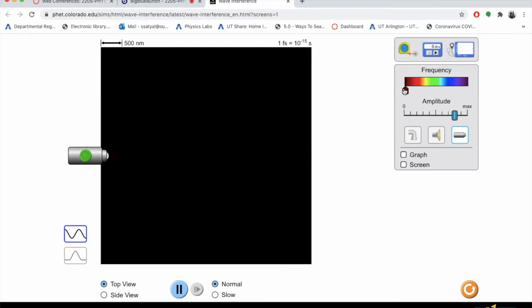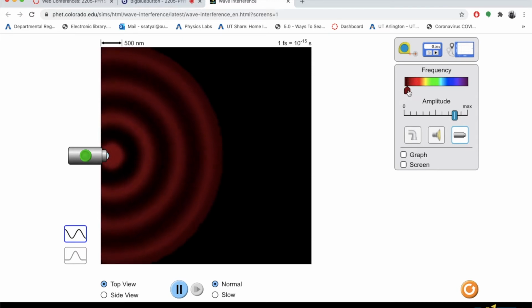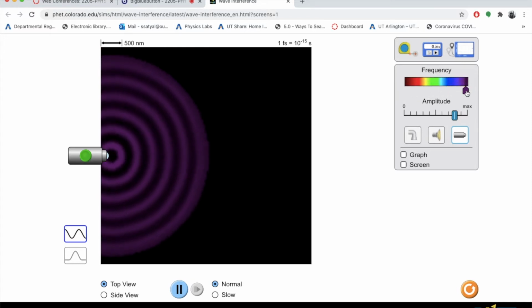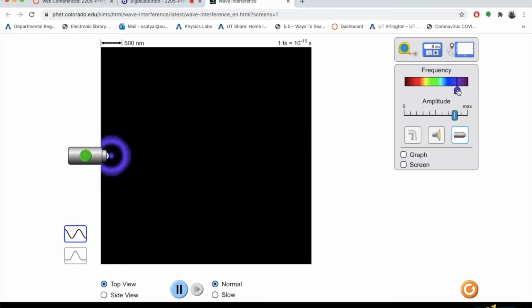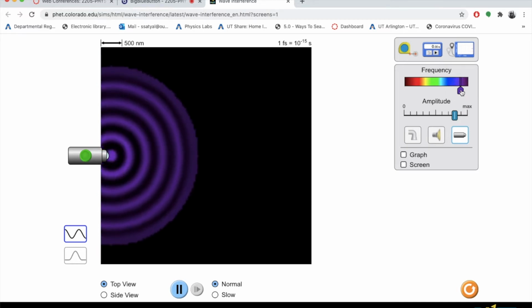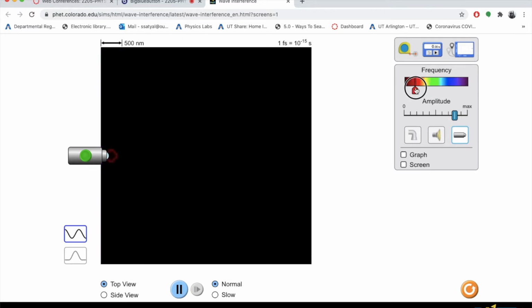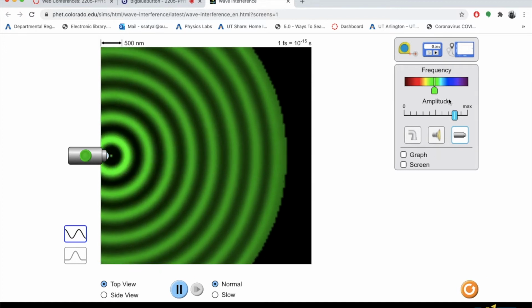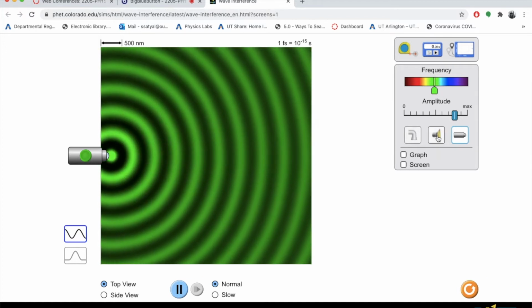And red has the largest wavelength compared to the blue. As you increase the energy, you're decreasing the wavelength. So I'm picking red, or you can pick somewhere in the middle, green ones. So with light, you can change the frequency of the source.